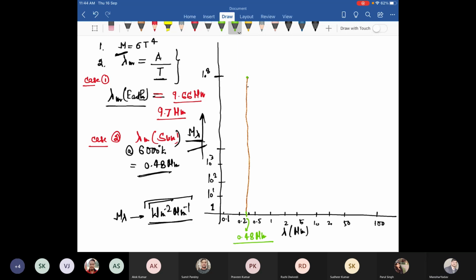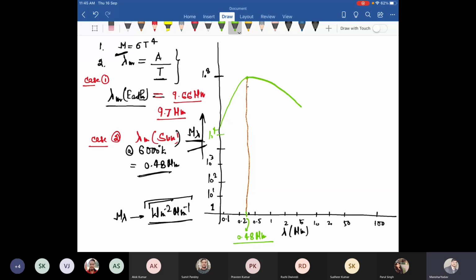Now it is clear. Once you plot the curve of M lambda with respect to wavelength, the peak you will get at 0.48 micrometer, and it is computed by Wien's displacement law. Fine. Now, if you refer to the plot that we discussed in the previous lecture, at 0.1, somewhere we have a 10.4 over here. It will start from here. It will be maximum over here.